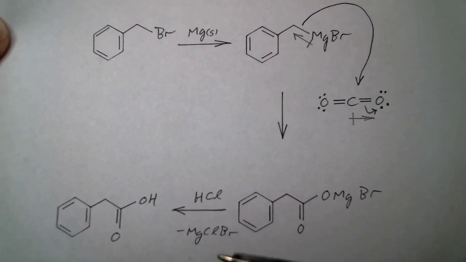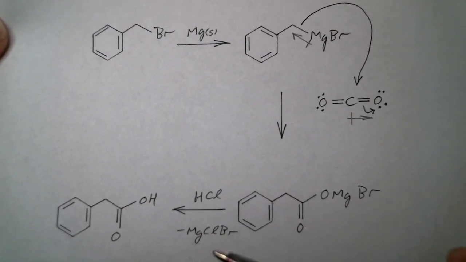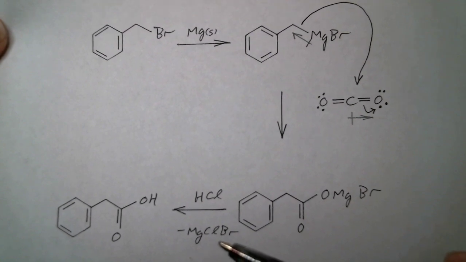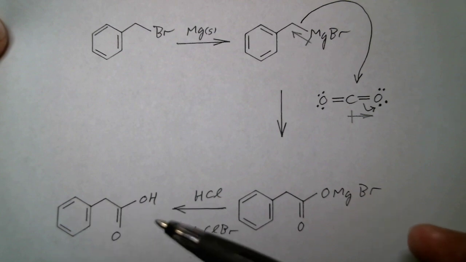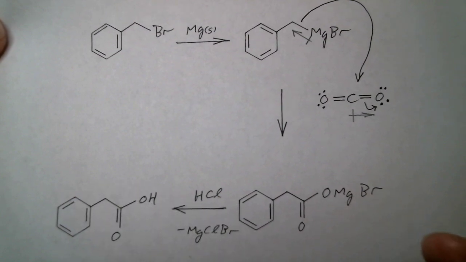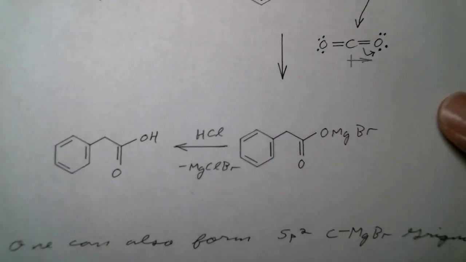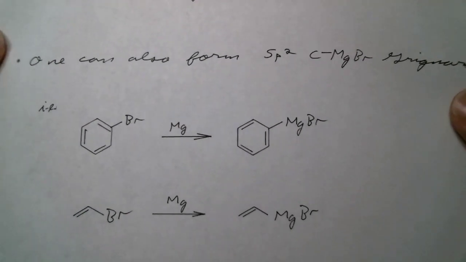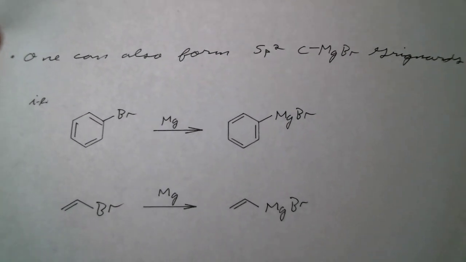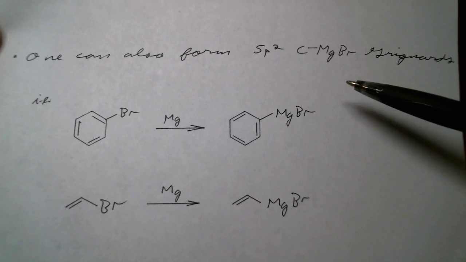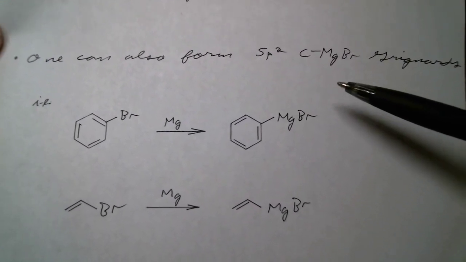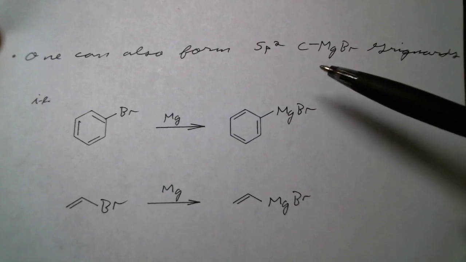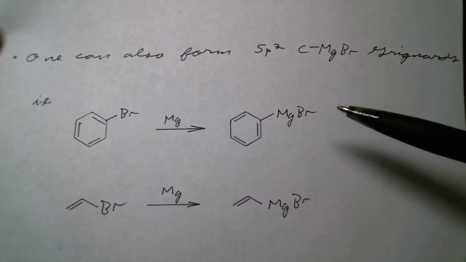But of course, if we were to add a strong acid like HCl, we would lose magnesium, chlorine, bromine salts, and we would generate a carboxylic acid. So it's nice to know that we need not only limit ourselves to sp3 type carbons for our Grignard reagents, we can also form sp2 type Grignards.